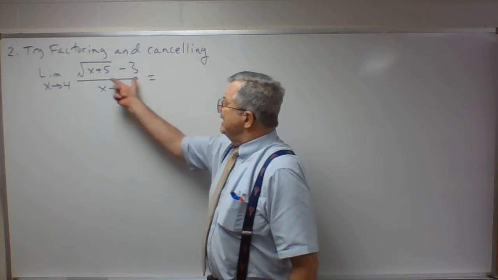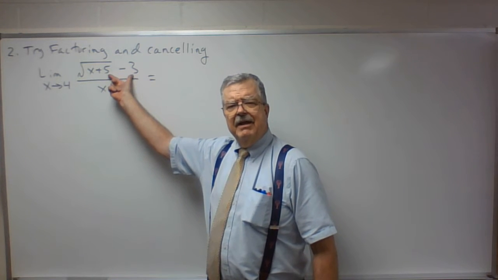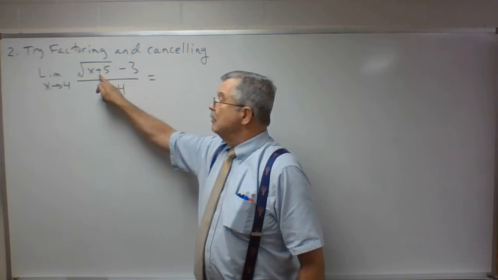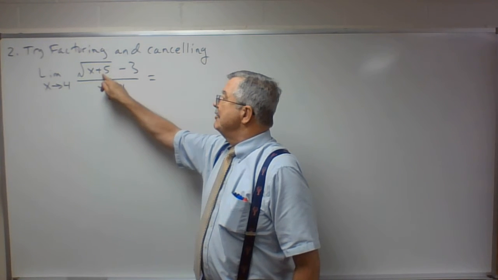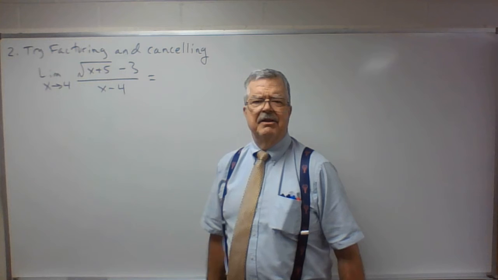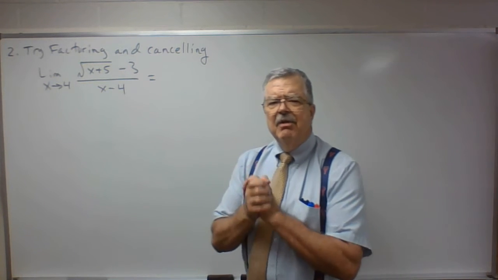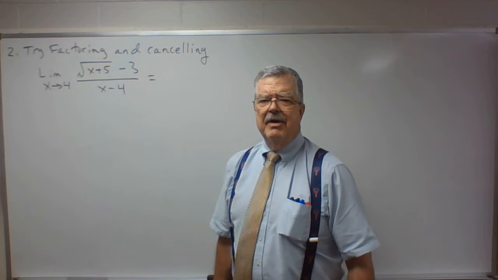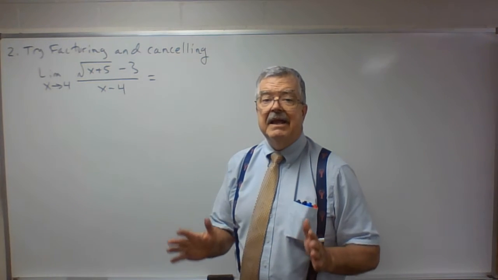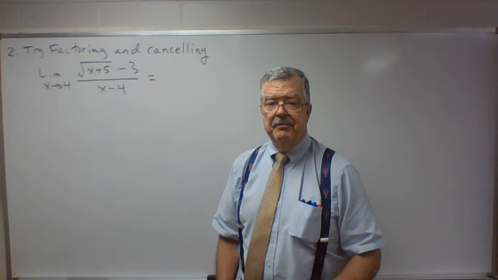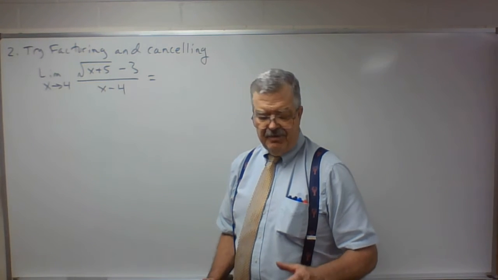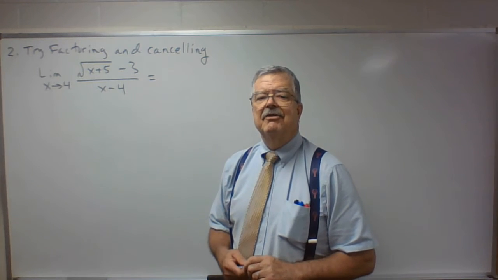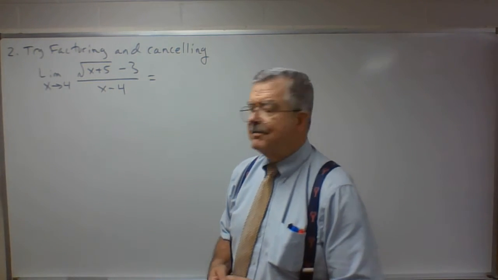But I can't combine these factors in the numerator because the radical won't let me combine the x plus 5 with the minus 3. So as long as the radical is in the numerator, I can't go any further. And that's where I say, okay, I have to introduce an auxiliary point.